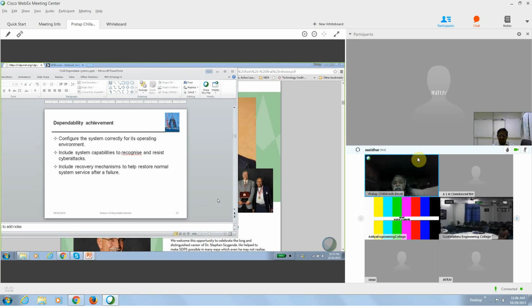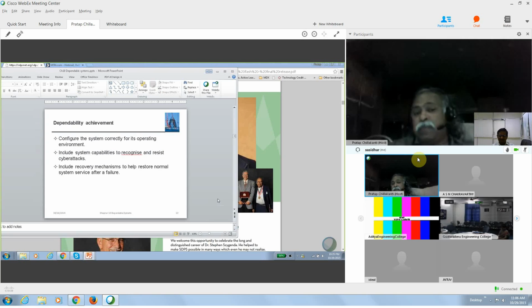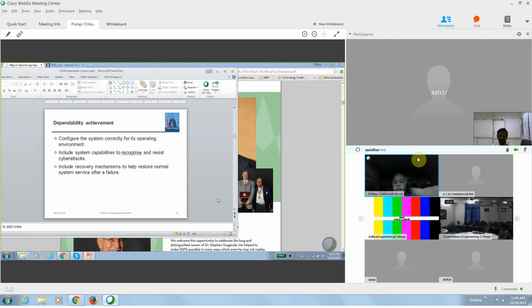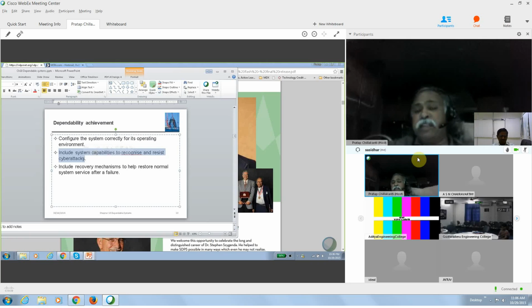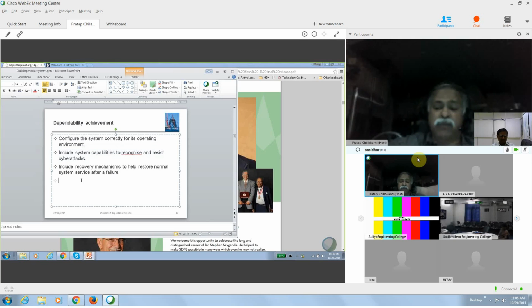Now, configuring the system correctly is important. See this last bullet, including system capabilities to recognize and resist cyber attacks. There are some terms that we use here. You probably would have heard about these terms: intrusion detection.